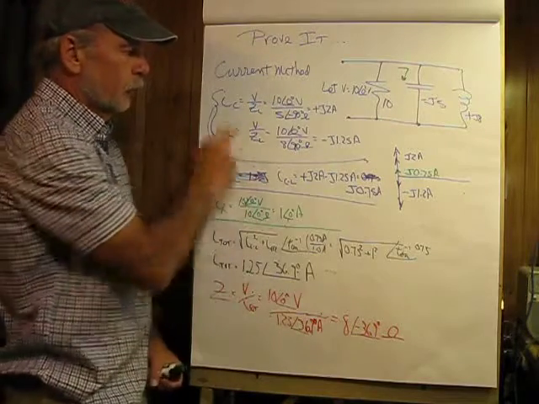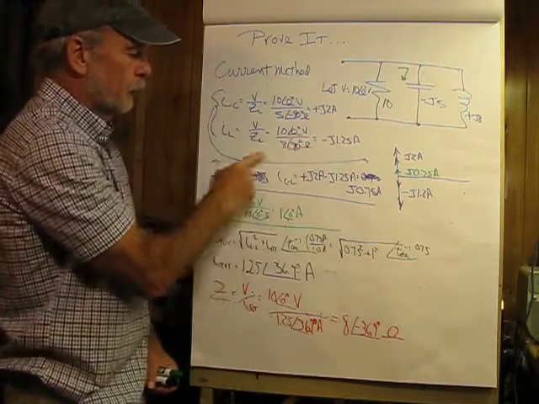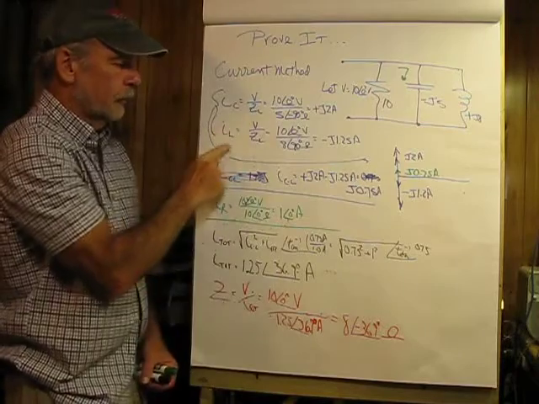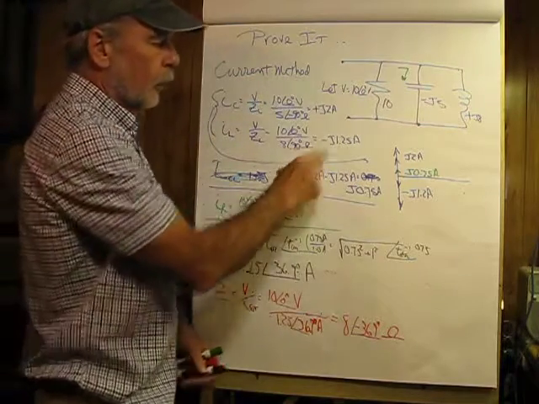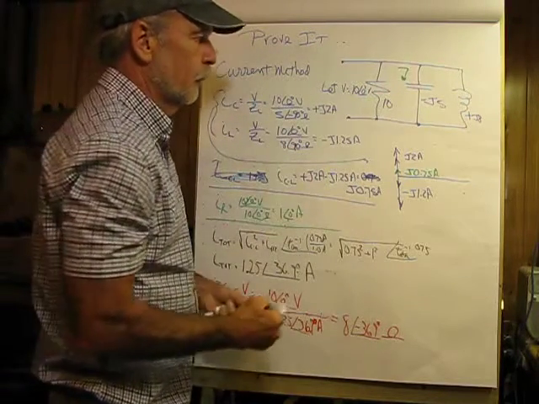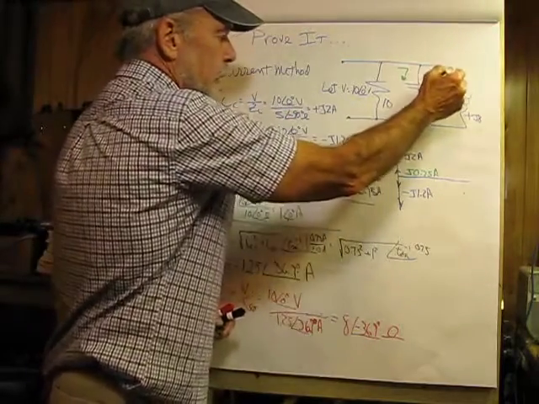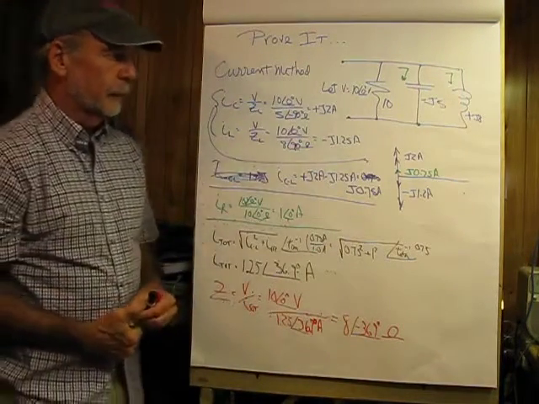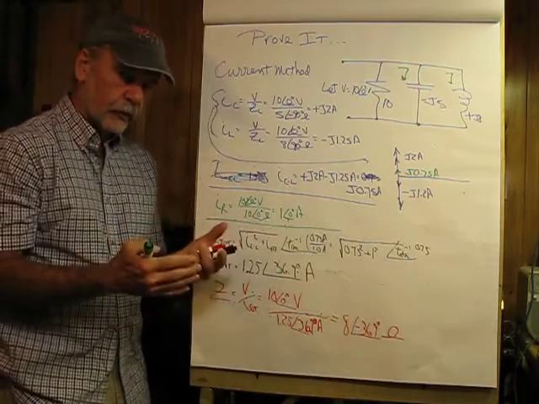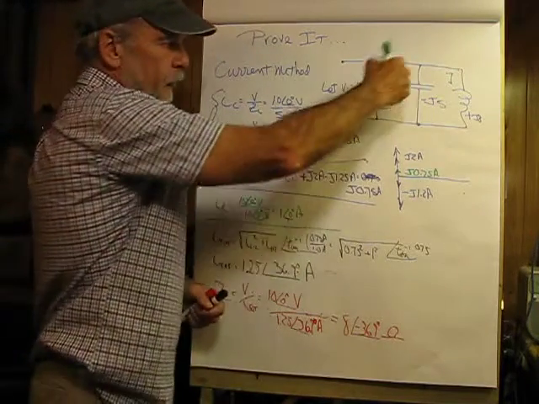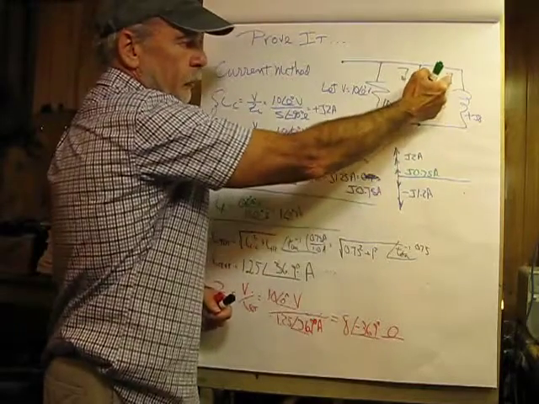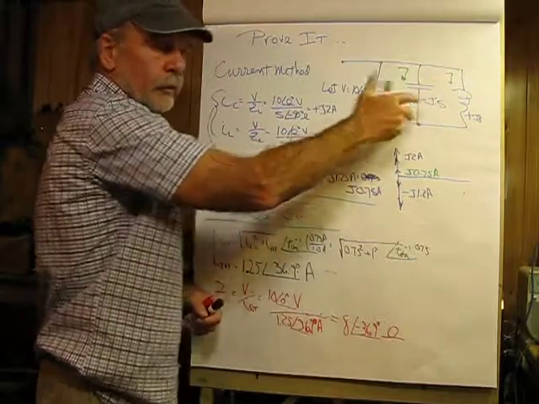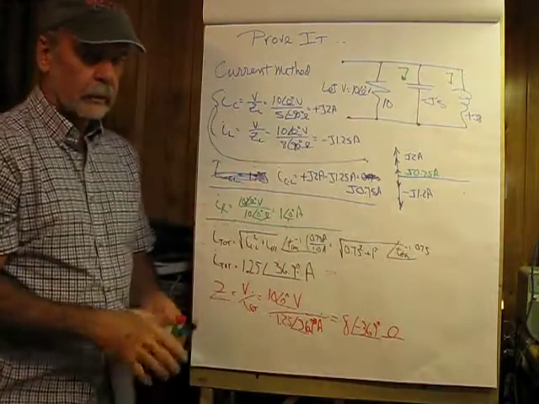So for the current flow, I get a plus J2 amperes for the capacitor, and for the inductor it comes out to be 1.25 amperes flowing down here. The signs are opposite, and really what that means is that as far as an AC signal is concerned, if the capacitor current is flowing this way, the inductive current is flowing that way, and contrary-wise. But we're not going to look at that right now.